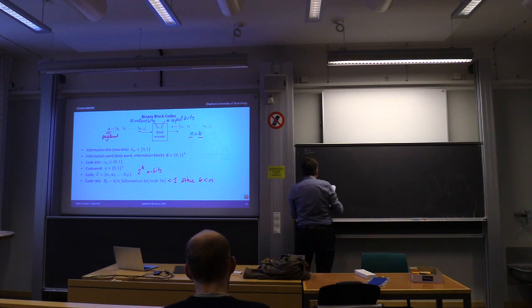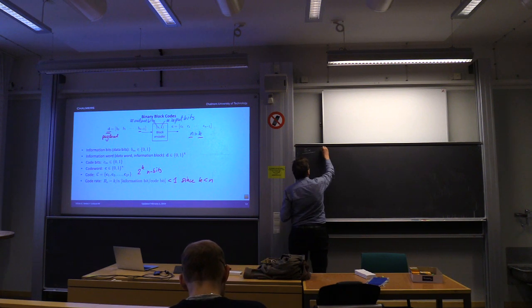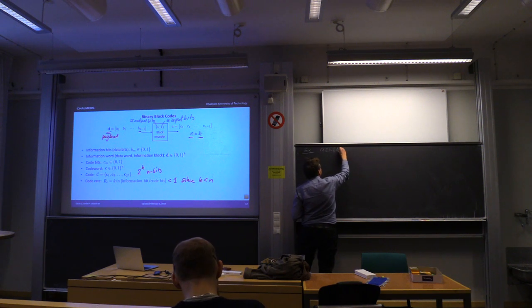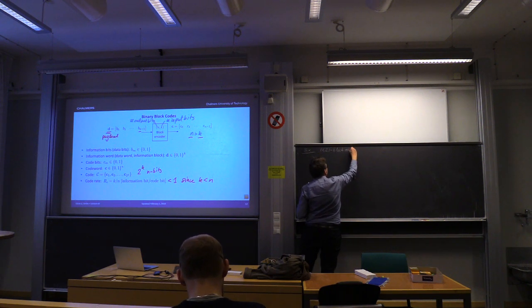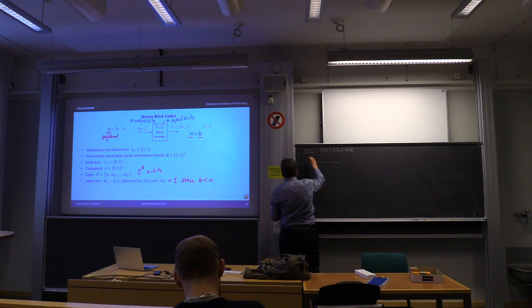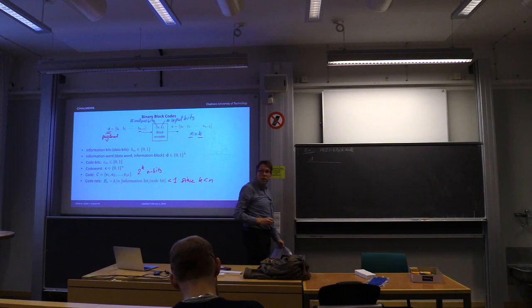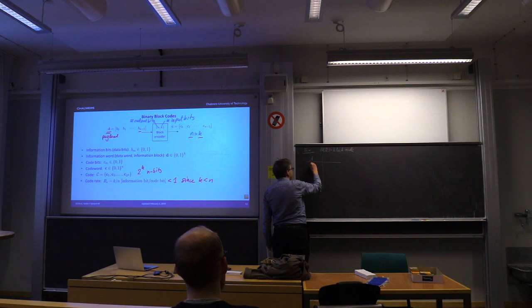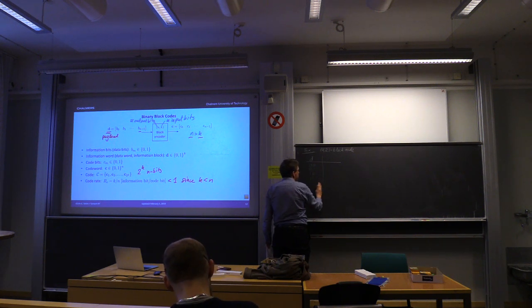A very small code. We have a 4-2 block code. Okay, and this means that we have 2 input bits. So the data word D consists of 2 bits. And what are the possible patterns? Well, it's 00, 01, 10, and 11.